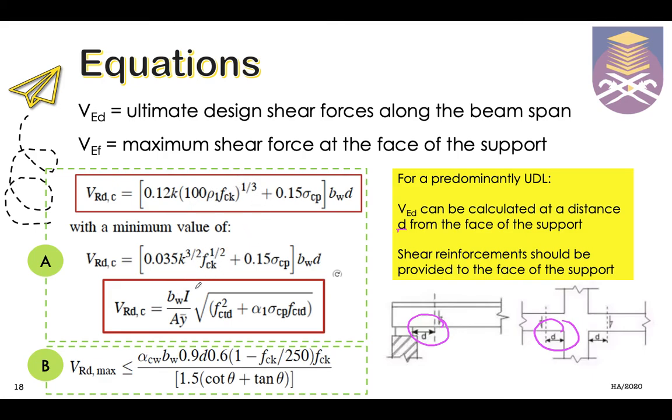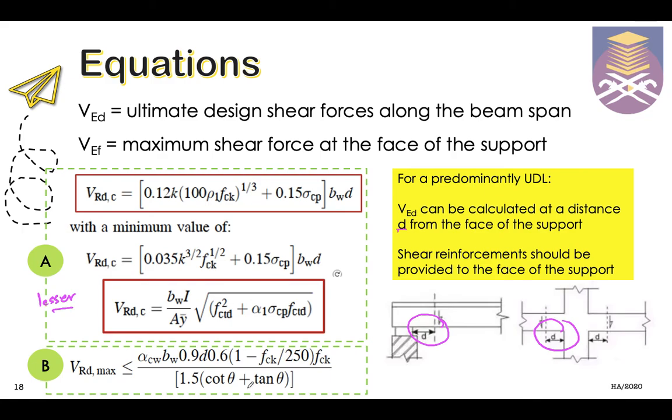This first VRDC, then considering the pre-stress force, we are going to have the second VRDC that is for the uncracked section. So you need to calculate all these three VRDC values, and you are going to choose the lesser value in order to be compared with our VED. So that is for VRDC.